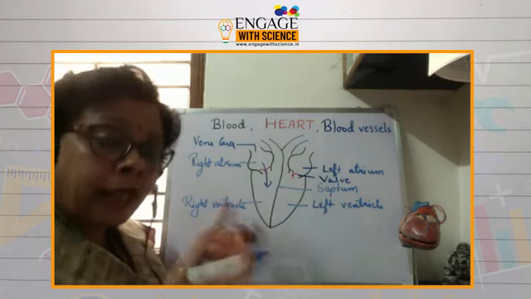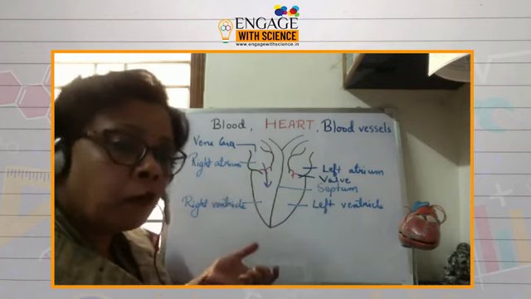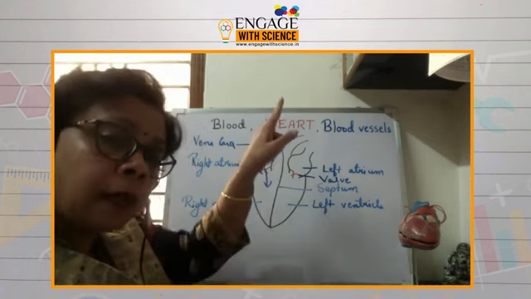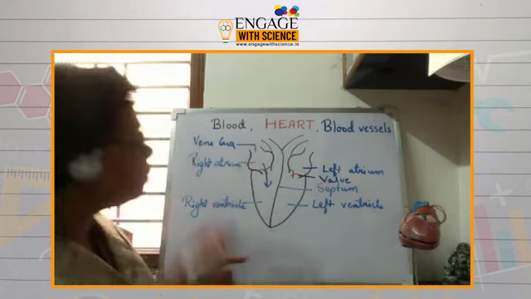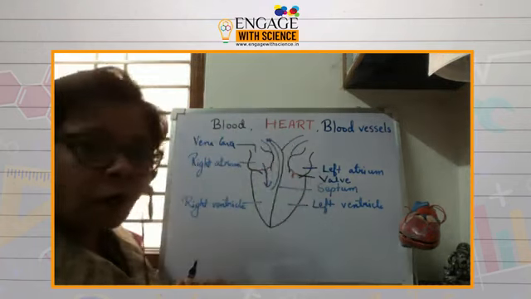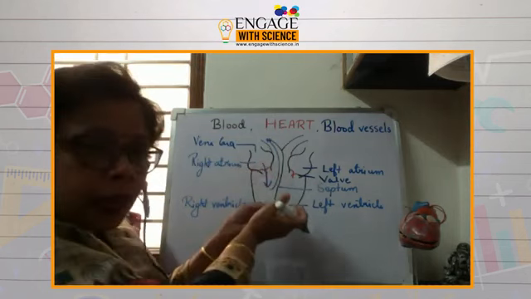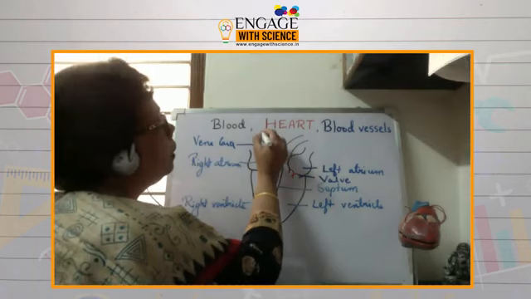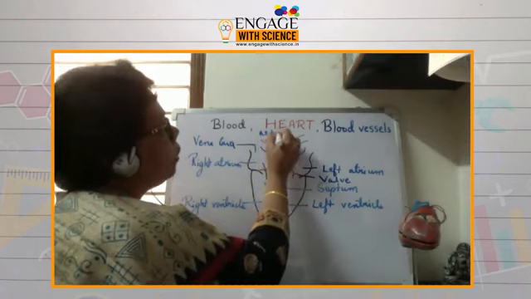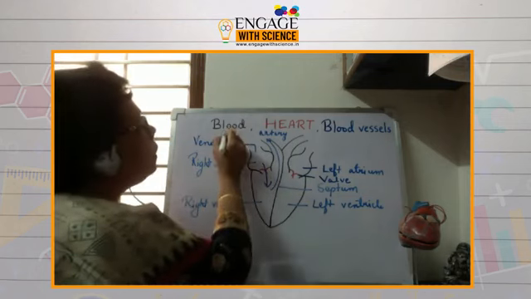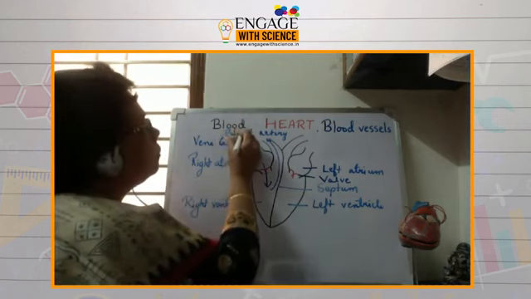The major gaseous waste are removed by lungs. तो हार्ट इसको कहां भेजेगा? लंग्स के पास फॉर प्यूरिफिकेशन. अब ये ब्लड हार्ट से दूर जा रहा है, so it would be an artery, and because it is going towards the lungs, it is called pulmonary artery.